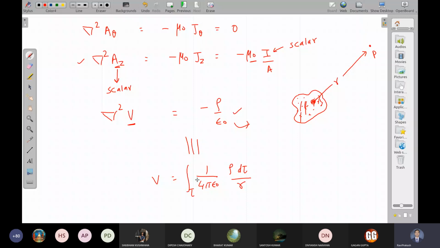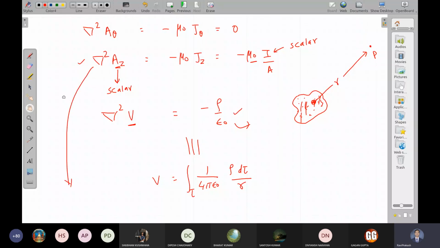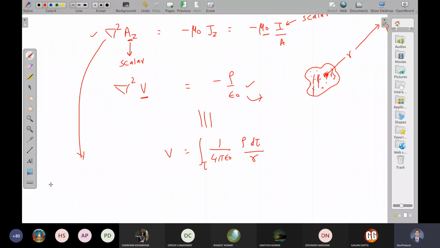Similarly, what is the answer for this equation? You can directly write it without any effort. Az is equal to integral over whatever is the object. Same as before: instead of 1 by epsilon naught, I should use mu naught, so mu naught upon 4 pi.